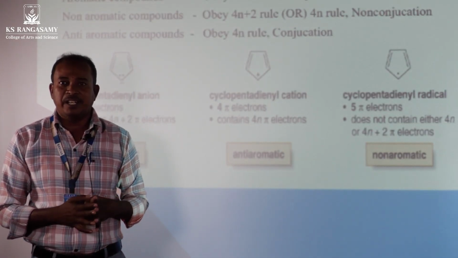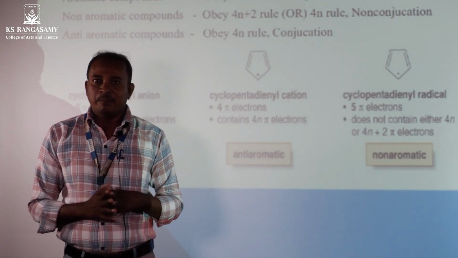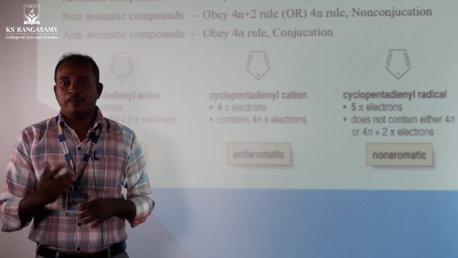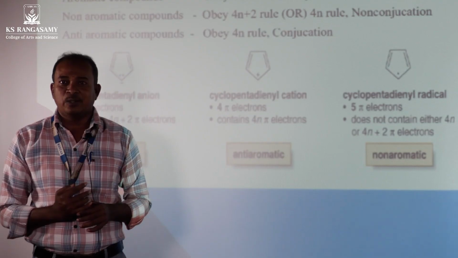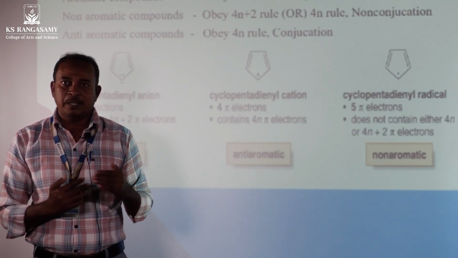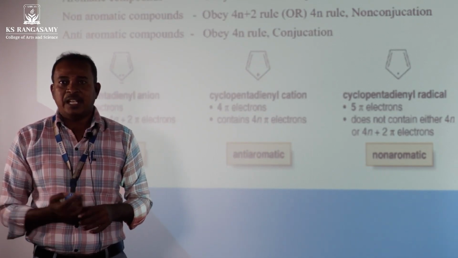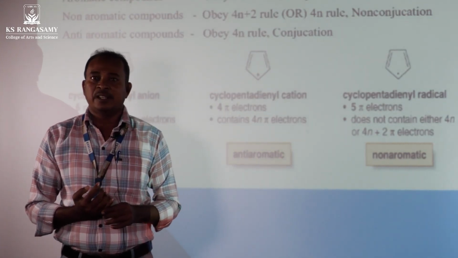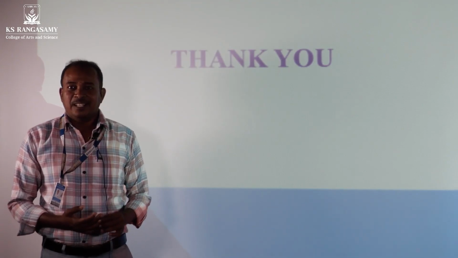The next one is the Reimer-Tiemann reaction, used for the production of benzaldehydes. Phenol is treated with chloroform in presence of sodium hydroxide to get a hydroxybenzaldehyde. This type of reaction is known as the Reimer-Tiemann reaction. If chloroform is replaced by carbon tetrachloride, it gives ortho-hydroxybenzoic acid, that is salicylic acid.